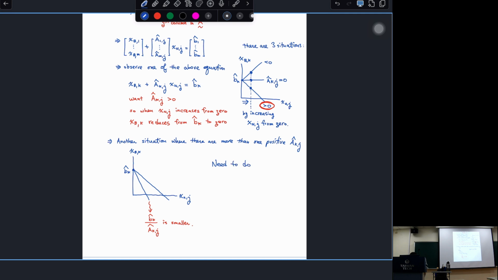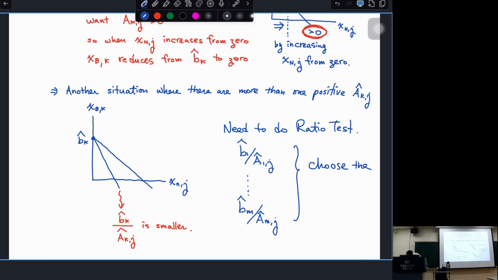So what's the ratio test? It's b_1 over a_1j, up to b_m over a_mj. And among these, choose the smallest positive one.